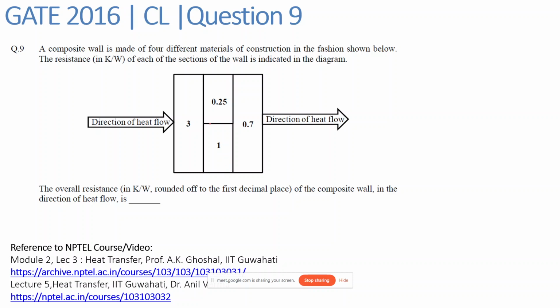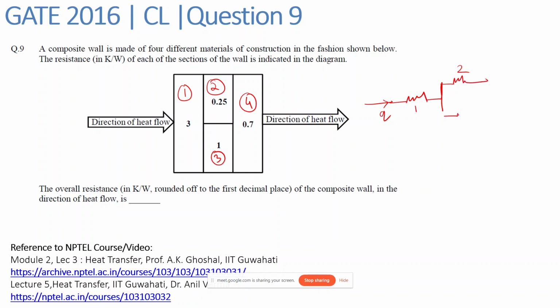So basically we have been given a slab, and these are the corresponding resistances. If we mark this as slab 1, this is slab 2, slab 3, and this is slab 4, then we have this direction of heat flow, let's say Q, and then there will be this first resistance, and then we have these two resistances in parallel.